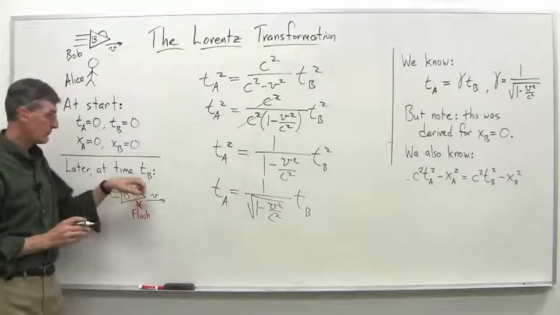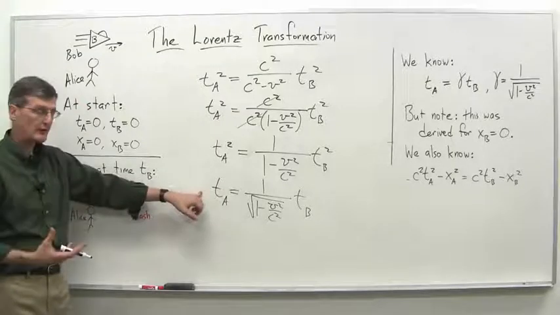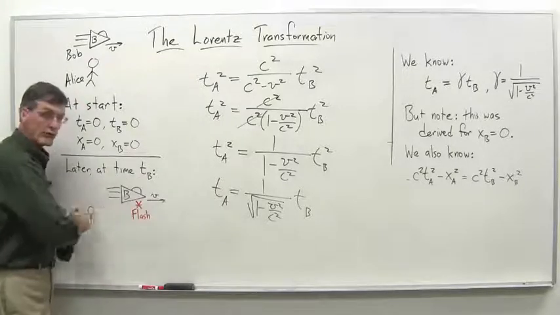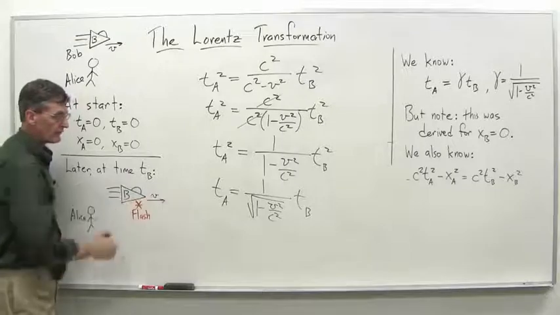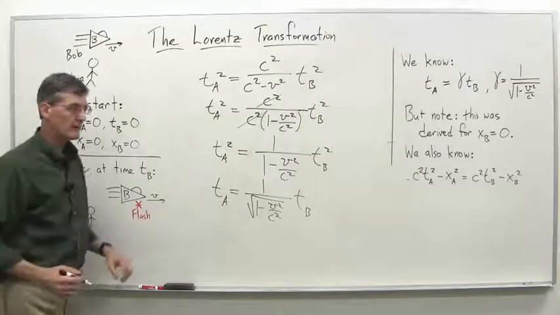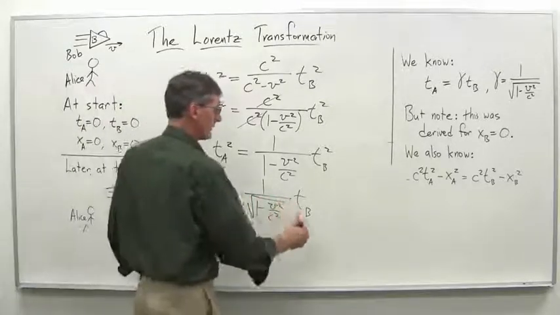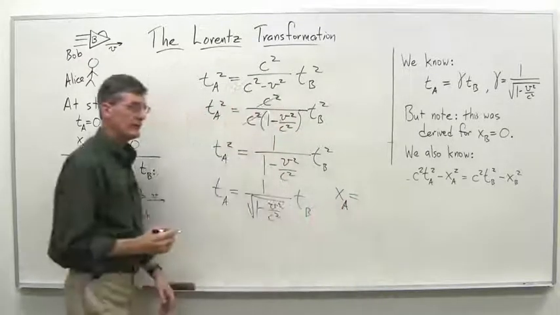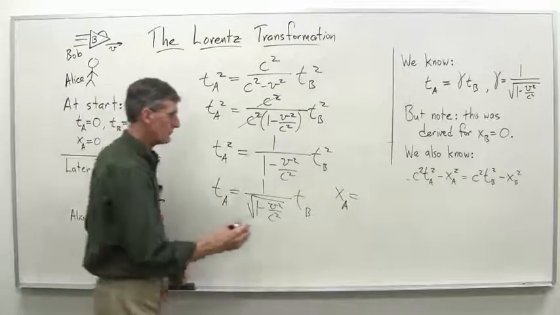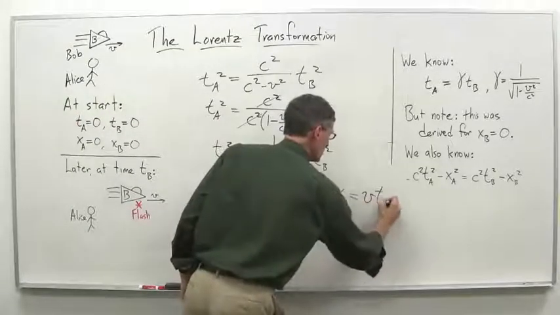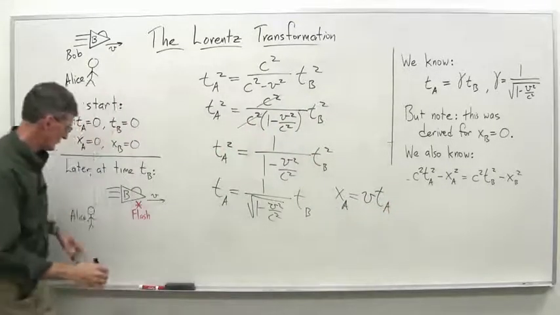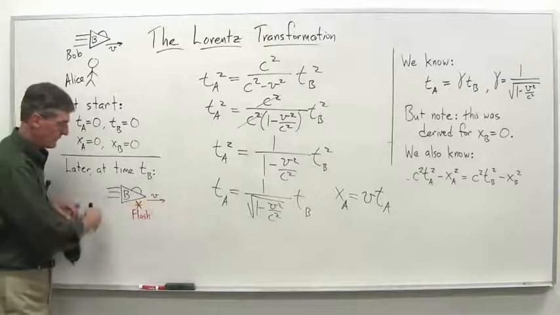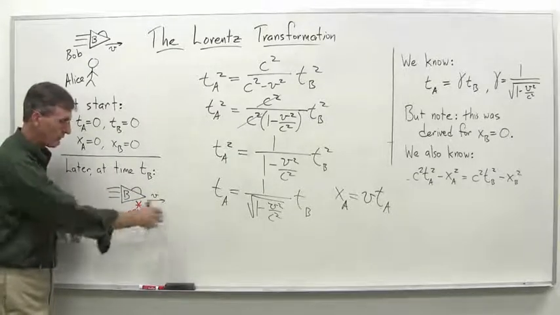So given T sub B, then we know what T sub A is, but what about XA? What's the X location in terms of Alice's lattice? Well, I just erased it a minute ago, but remember we had XA simply equals V times TA. Now it's just the velocity of Bob times the elapsed time on Alice's clock.